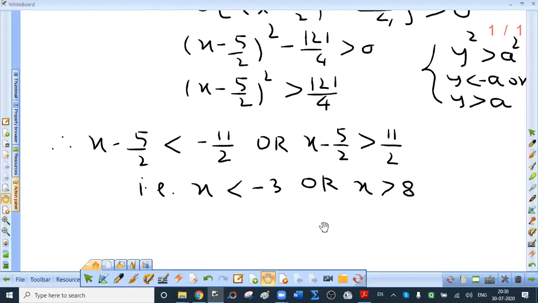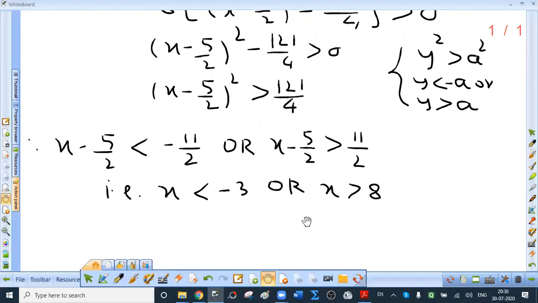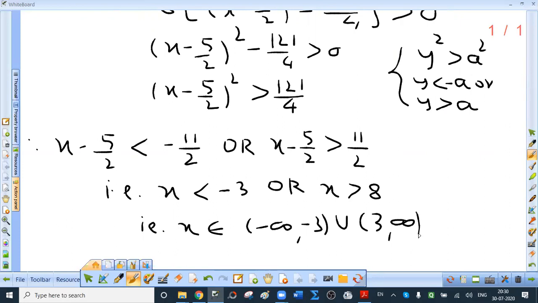Even if you write this as the final answer, you will get full marks, or I will say that is x belongs to the open interval minus infinity to minus 3 union open interval 8 to infinity. So f is strictly increasing for x less than minus 3 or x greater than 8. So this is the answer. See, we have to make use of this part directly for finding the decreasing function.